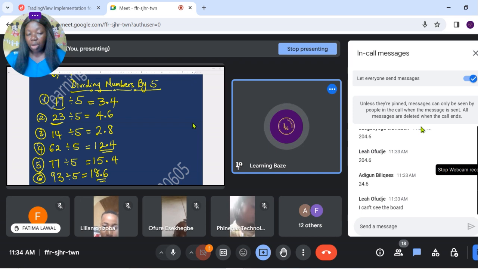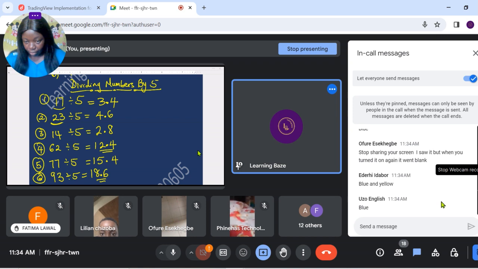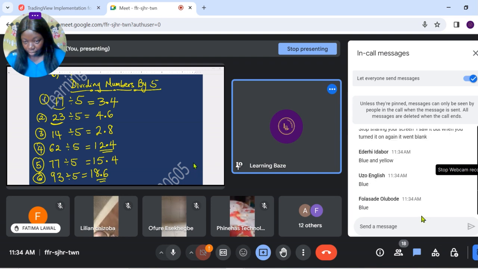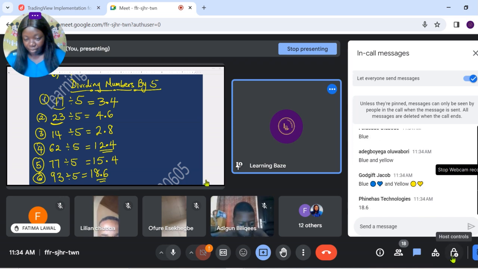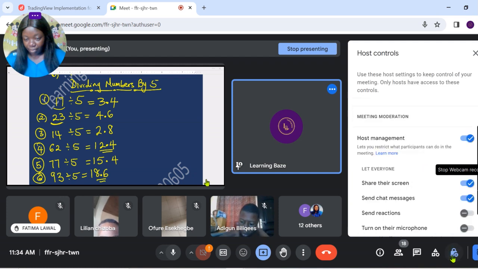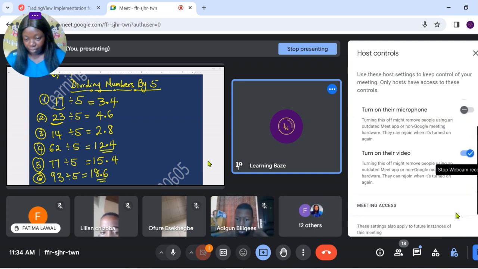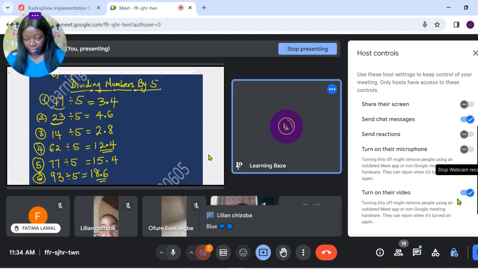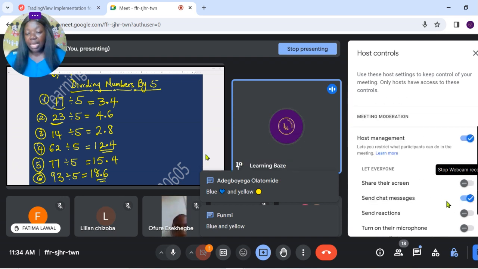Please type the color that you can see on my screen. Okay, everybody can see my screen.